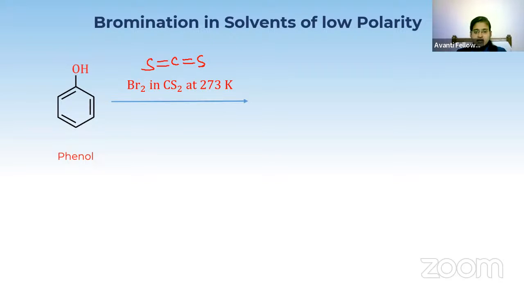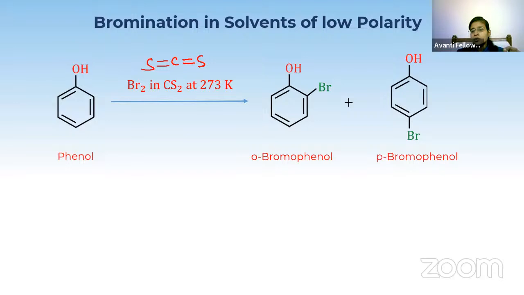Only one halogen will get substituted: one at the ortho position, giving ortho-bromophenol, and the other at the para position, giving para-bromophenol. In one compound, only one halogen can be substituted, either at ortho or at para.